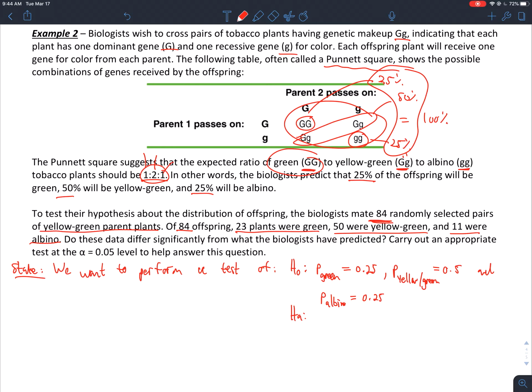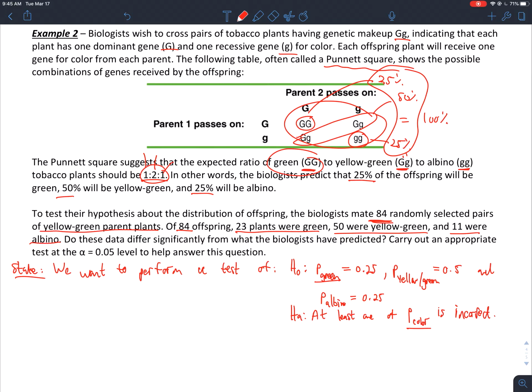Then my alternative hypothesis will be: at least one of the P sub colors is incorrect. At least one of the P sub colors is incorrect. And that's it. And now we have to define this.